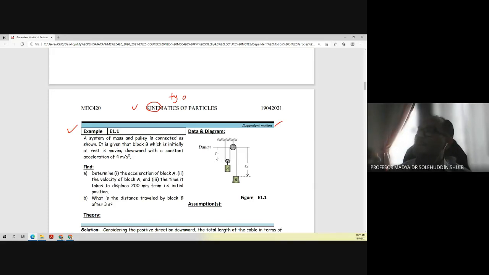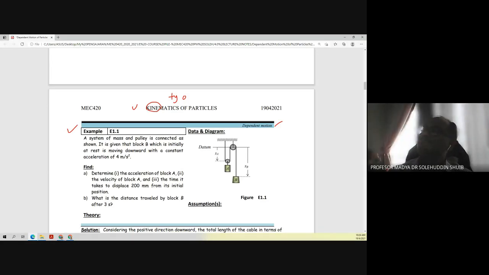So we have the system of mass and pulley. They are connected. Given that the block, which is initially at rest, they are not moving, they are at rest, is moving downwards with a constant acceleration.